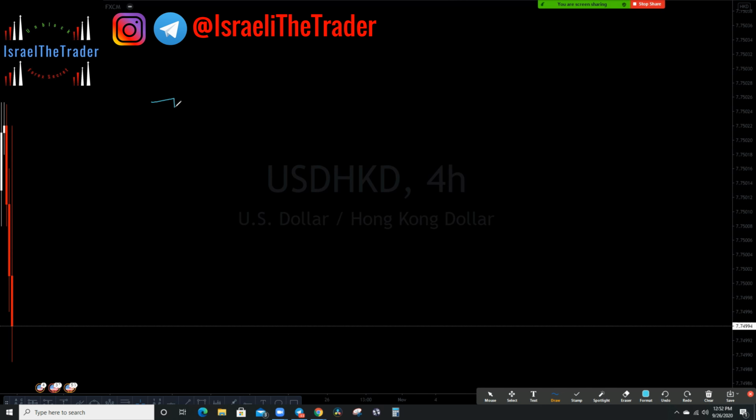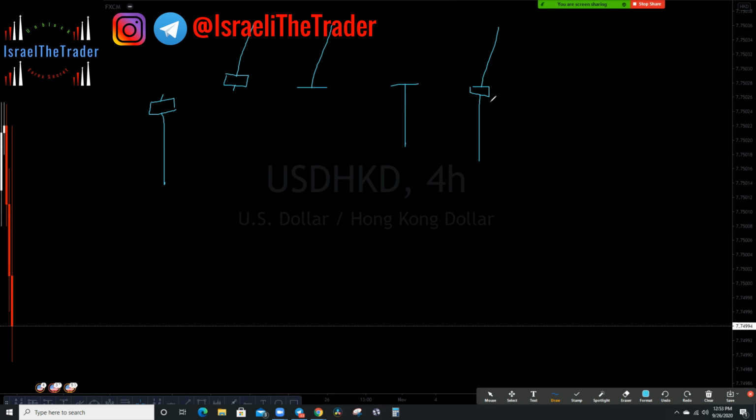Just take note of all these things, right? As you can see right here, let's take for example, this is a hanging man. I call this type of candle a hanging man, right? On the opposite side of it, I call it a pin bar. So this is a pin bar, and we still have the gravestone doji, and we still have the dragonfly doji, and we still have the main doji in the forex market, right?